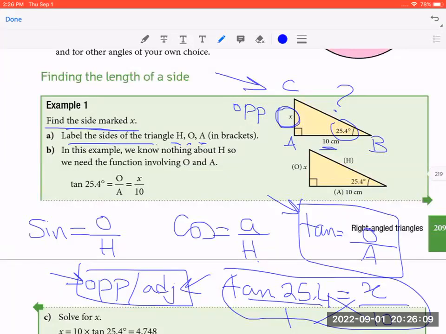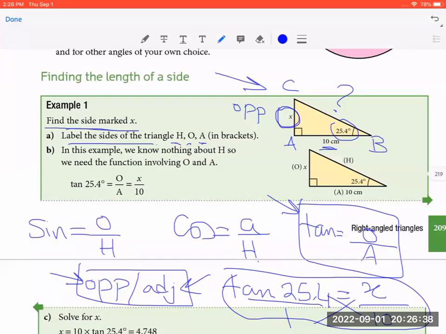X equals tan 25 times 10, but I don't know how to do the tan thing. I'm going to show you on the calculator, but first, you are right. Put the number first and then tan. So x is going to be 10 tan 25.4. Put the number first. So again, what is the value of x? 10 tan 25.4. Yeah, that's great.